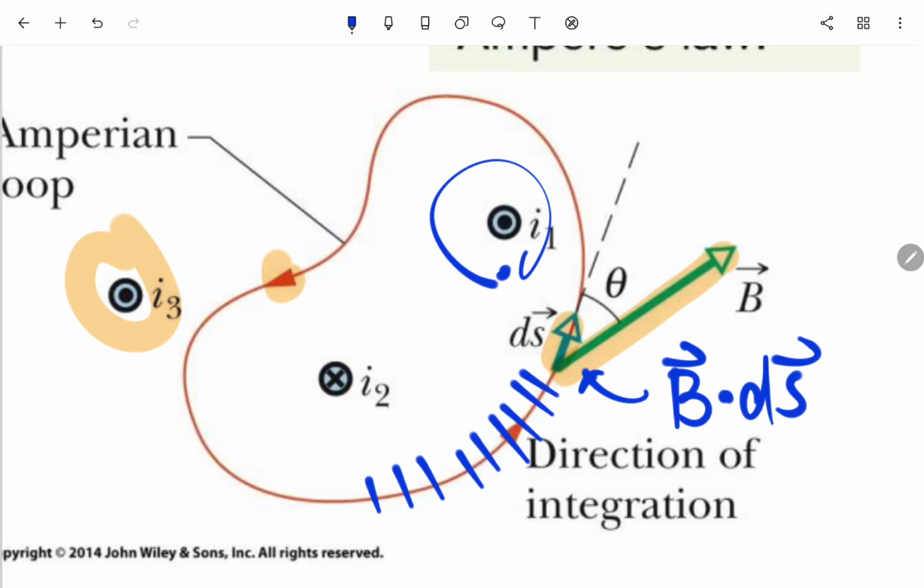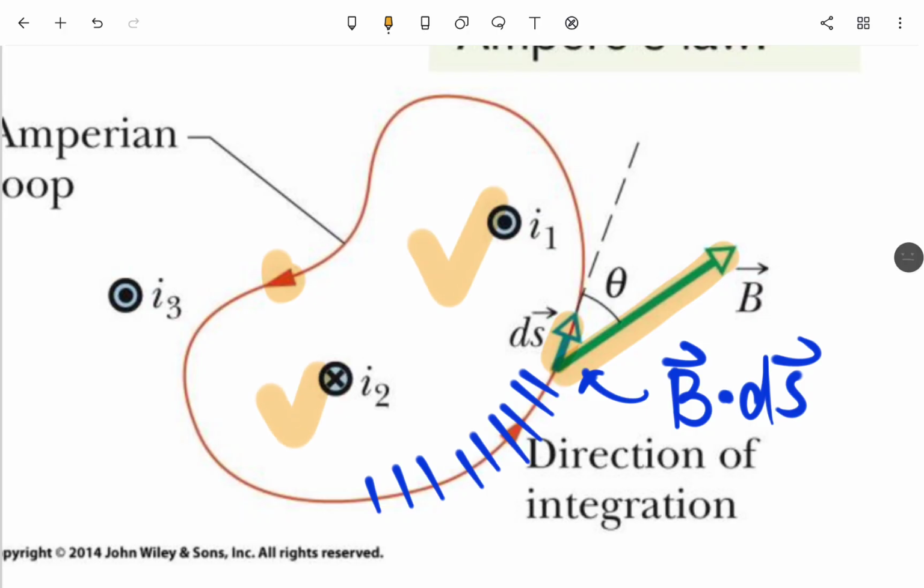You assume you have a line, and whether you enclose it or not, very straightforward. This one is enclosed, this one is enclosed, this one is enclosed, this one is not enclosed.